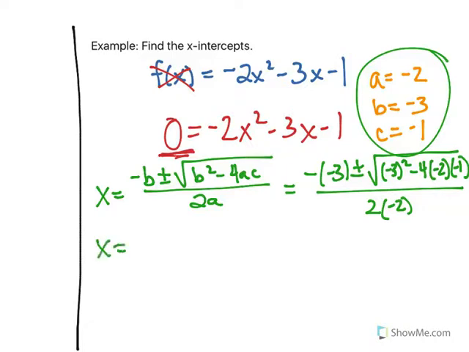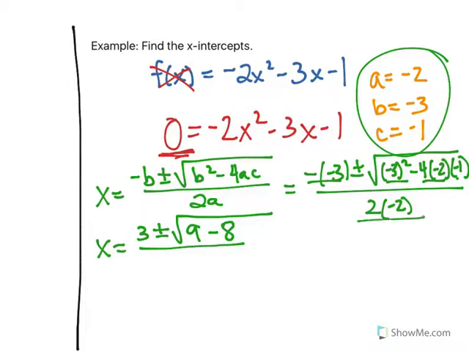Simplifying this, we get x equals, a negative is positive, so we get 3 plus or minus the square root of negative 3 squared is 9, minus, and we have negative 4 times negative 2, which is positive 8, times negative 1 is negative 8, so we have minus 8, divided by 2 times negative 2, negative 4.